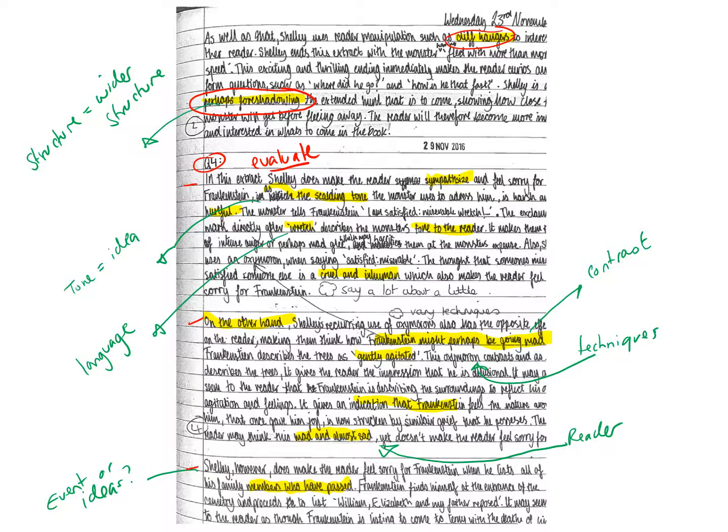So to be clear, the start of each paragraph, that first sentence, needs to reference an idea or a variable, and then the rest of the paragraph is going to refer to, say, language or structure techniques that back up that idea.